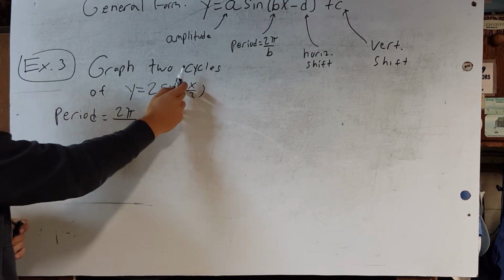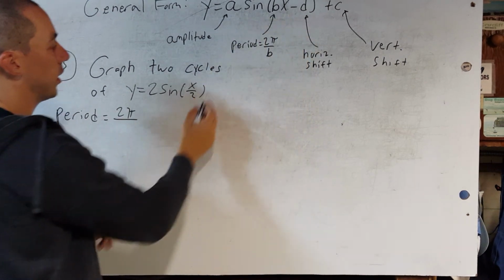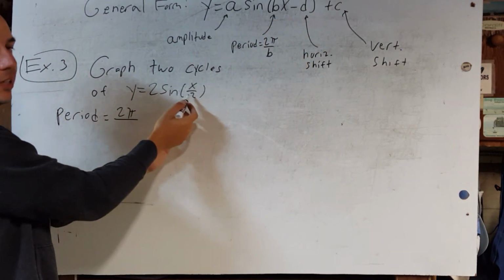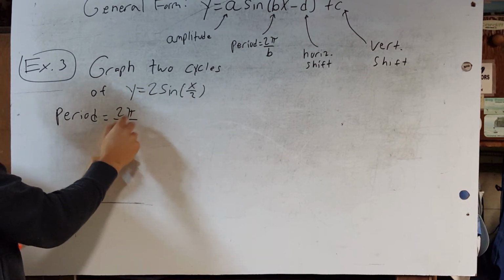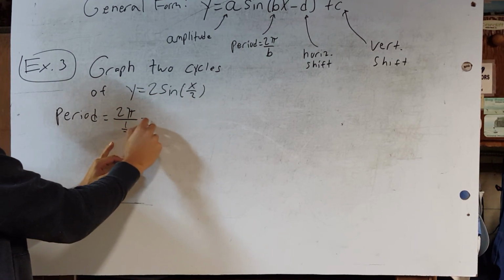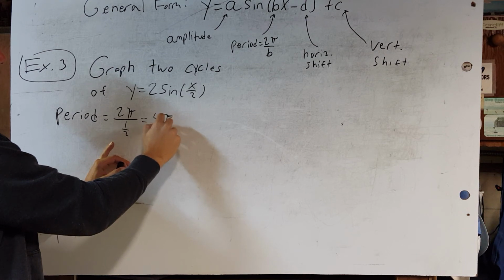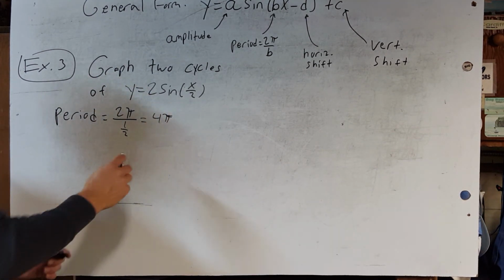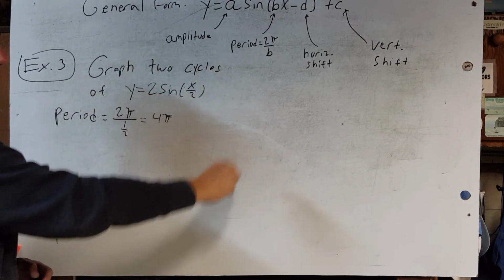Remember, B is a number that you multiply times x. Right here we're dividing by 2, or multiplying by a half, so B is 1/2. 2 pi divided by 1/2 gives me 4 pi. So now the period is twice as long. It takes twice as much time for sine to complete one cycle, go up, down, and then back up.